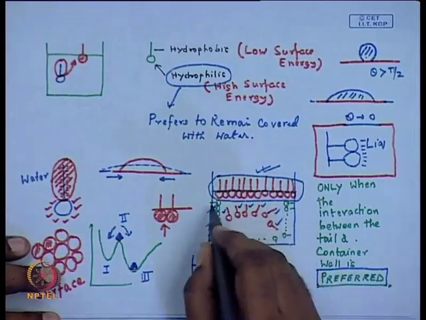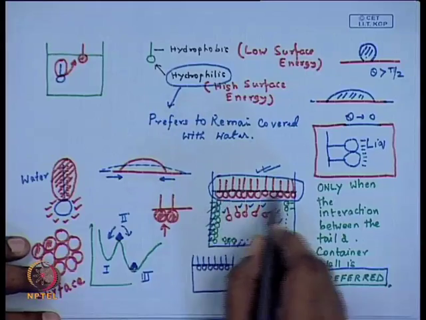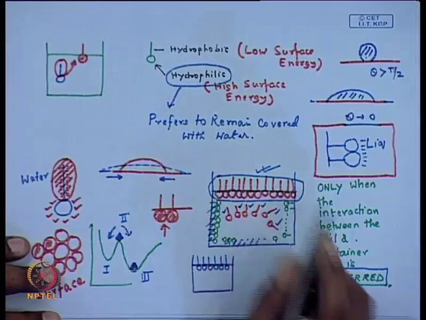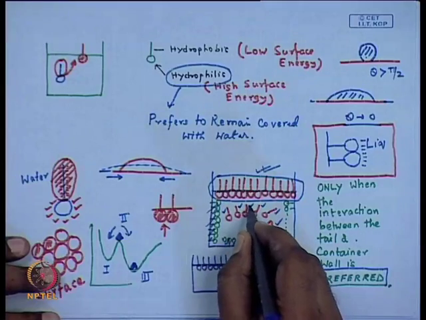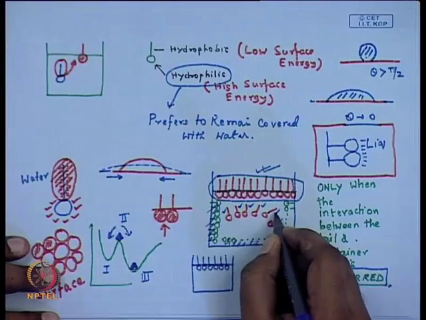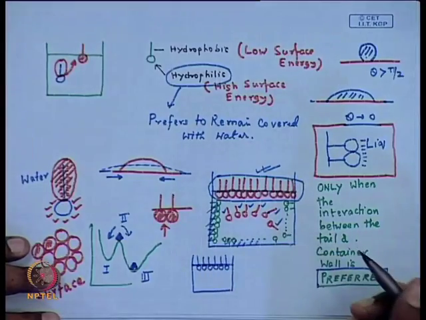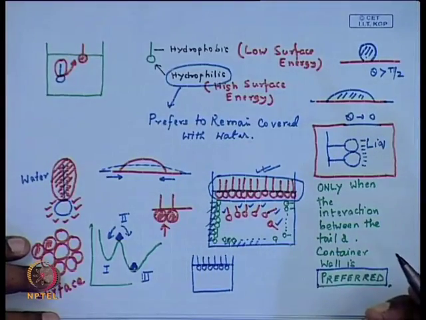Now they do not have a place to go. They can neither migrate to the wall nor to the surface, and there are many such molecules, each one of them has an unfavored interaction between their tails and the surrounding water. So, what can be a solution?